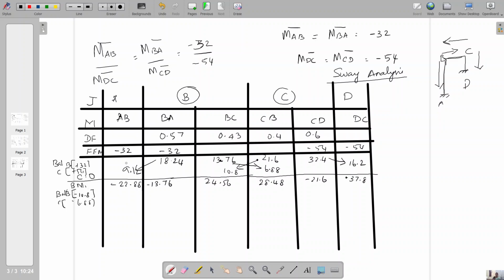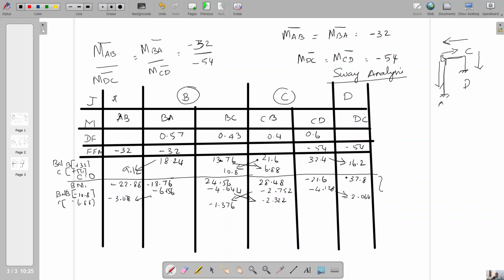Again, you multiply corresponding the distribution factor and put here minus 6.156 and minus 4.644, minus 2.752, minus 4.128, and the half distribution should be done, that is minus 2.064 here, minus 3.078, and inner carry over of minus 2.322 and minus 1.376.